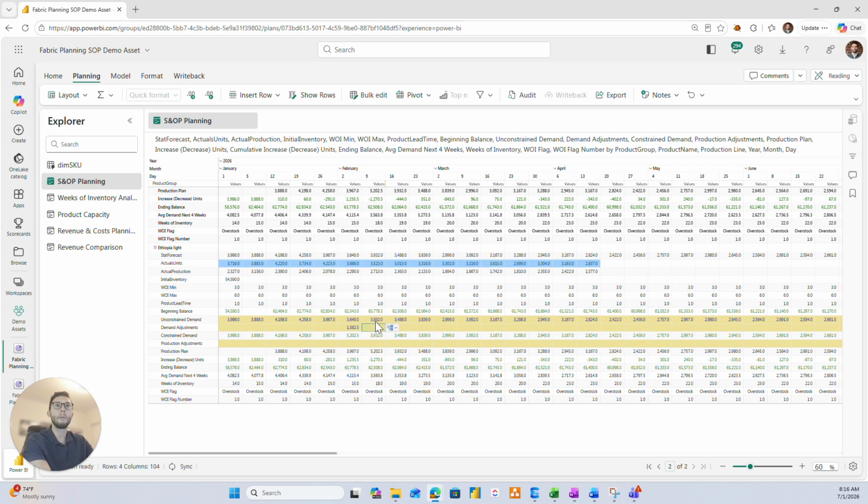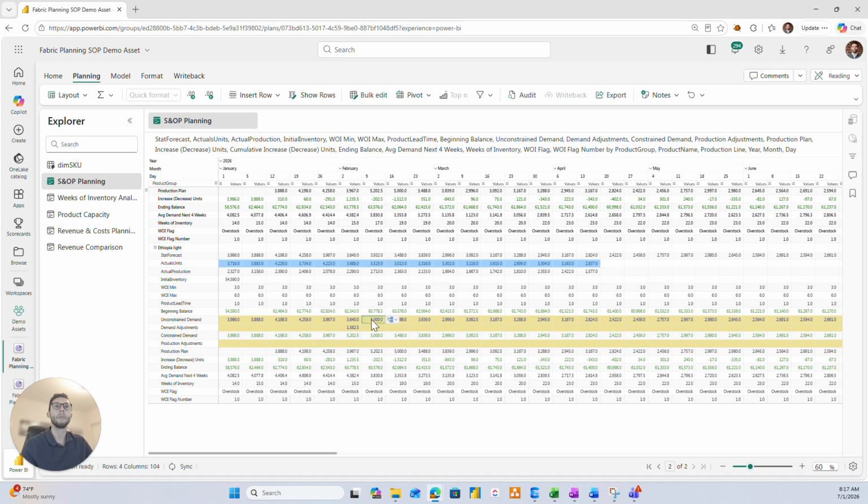Let's say, for example, I want to go ahead here and change my unconstrained demand to 5,000. Not only can I come in here and see that reflected, but I can also factor in any sort of production lead times where for these units right here that we have demand for, we need to ensure that they are produced from a lead time perspective in a quick fashion.